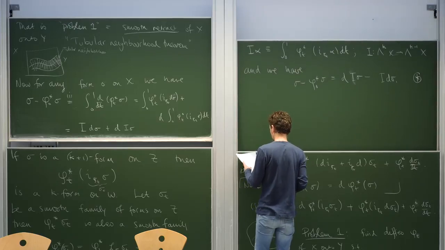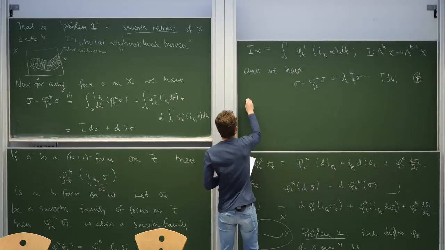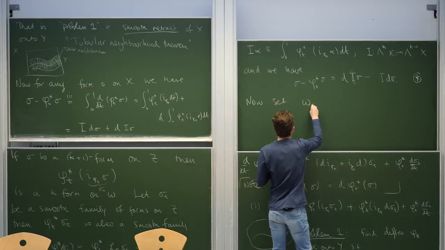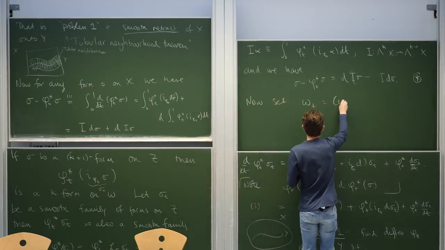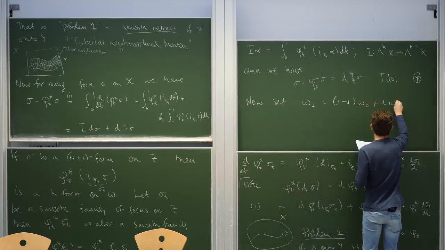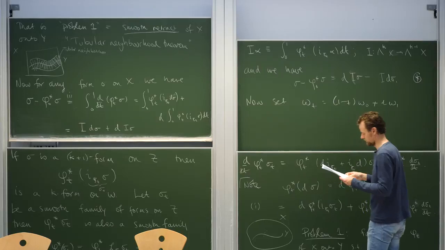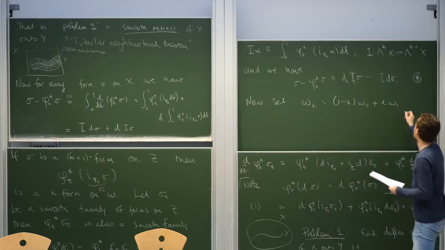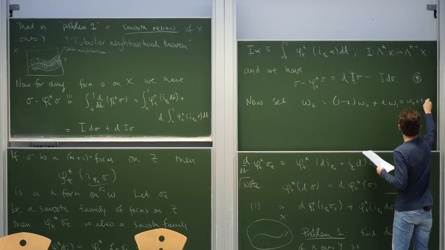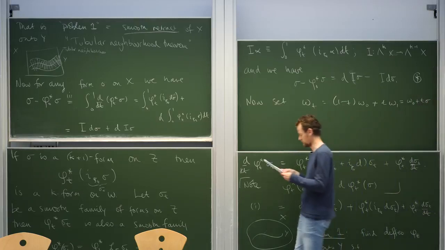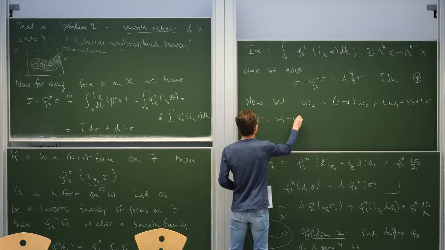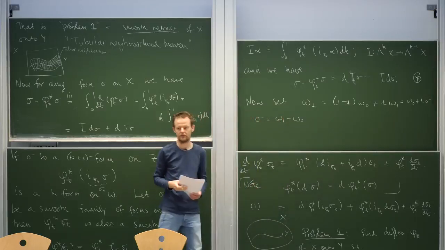Alright, now's where we introduce our omega. So as before, we set omega t to interpolate nicely between the two non-singular closed 2 forms that we have, and you can write this as omega naught plus t sigma, where sigma is just the difference of the two, like so.